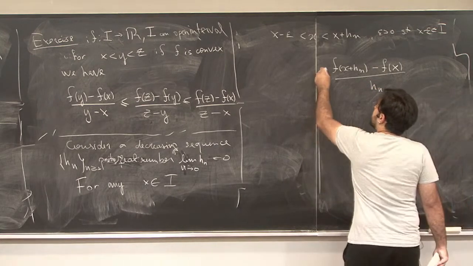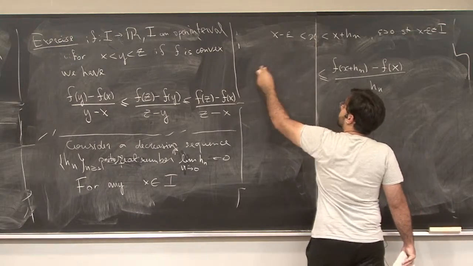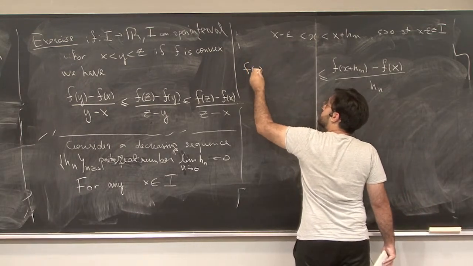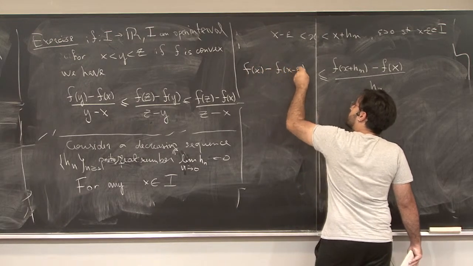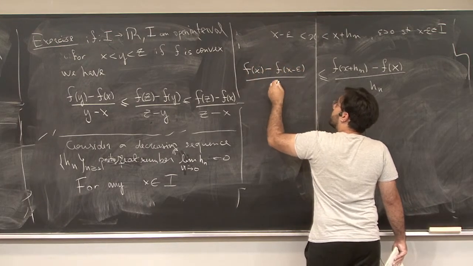This is larger than (f(x) minus f(x minus epsilon)) over epsilon.